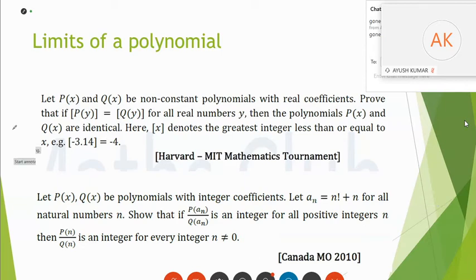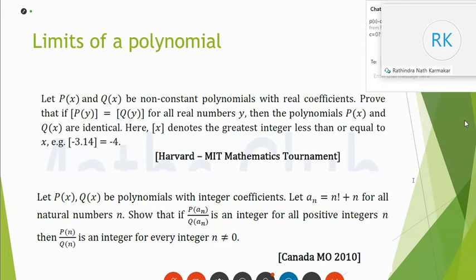So what we were saying is that p of x minus q of x is equal to a constant, and we want to show that the constant is 0. The idea I have in mind is to prove by contradiction.